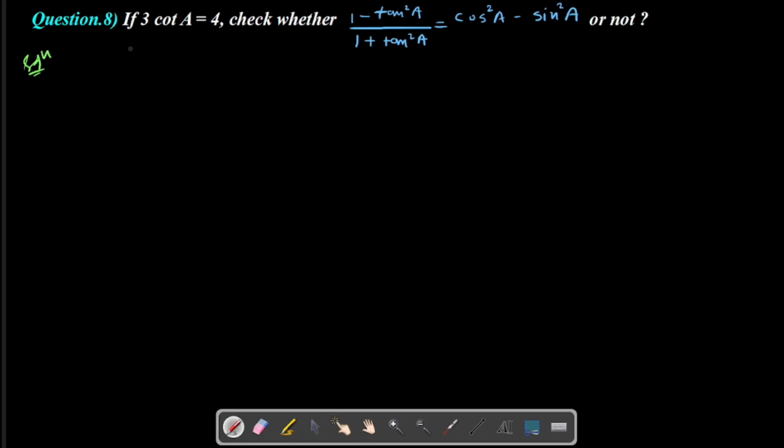So we are given that 3 cot A is equal to 4. From this we can also write cot A is equal to 4 upon 3, right?